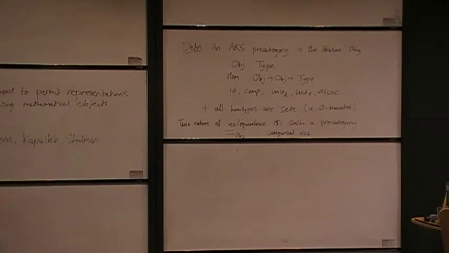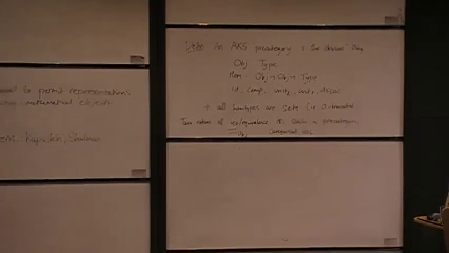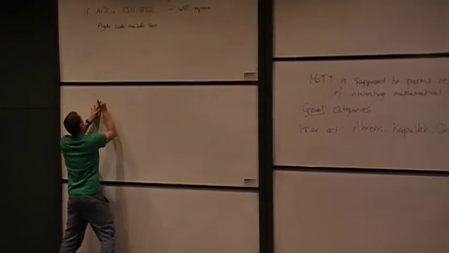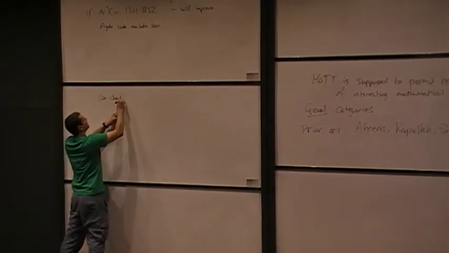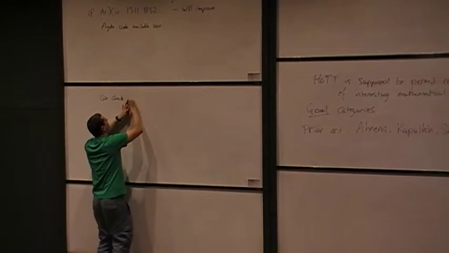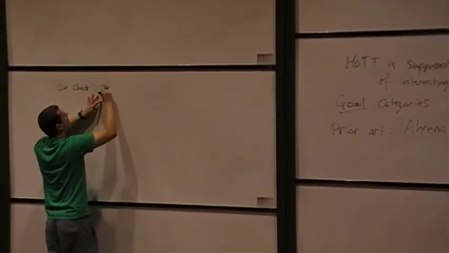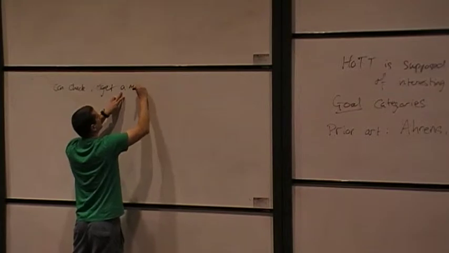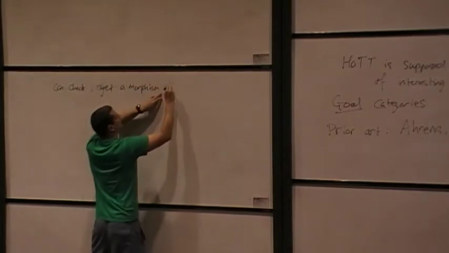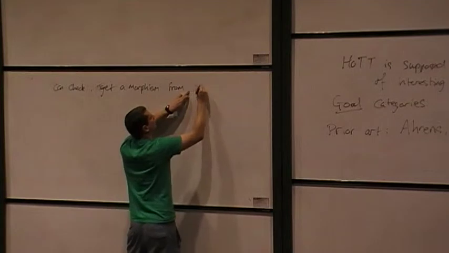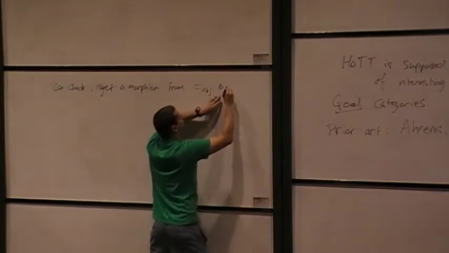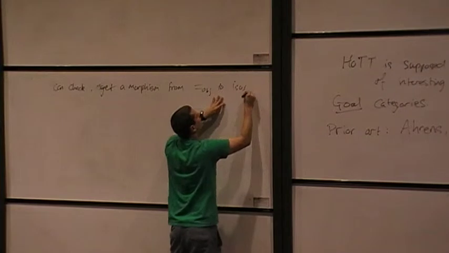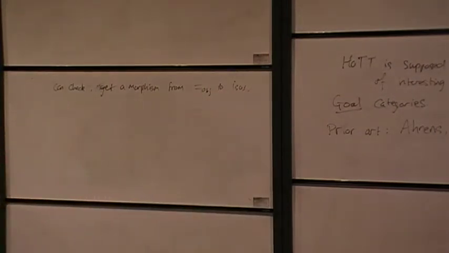And it's pretty quick to check you get a morphism from the former to the latter. So you get a morphism from equals on objects to isos. And what they do is say, you shouldn't be able to ask a category what its isomorphisms are and get two different answers, so we'll just impose that that's an equivalence.